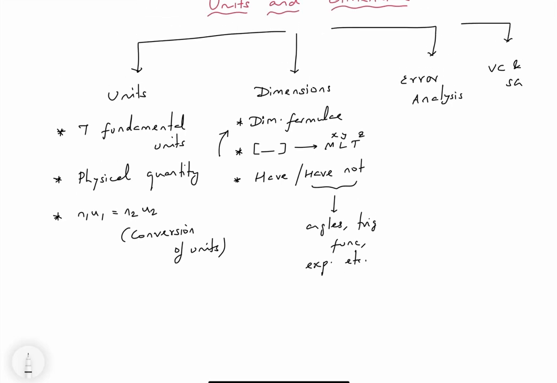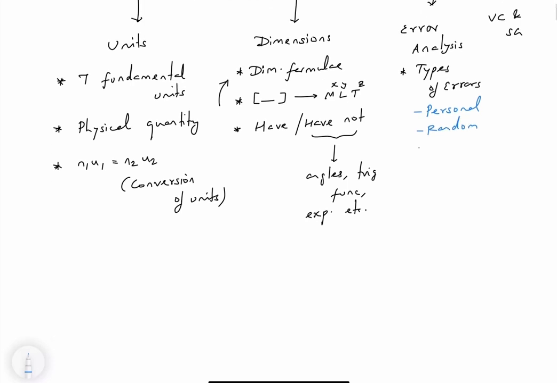Then in error analysis, we have types of errors. Like we have random error, personal error. Let me just list a few. Random.